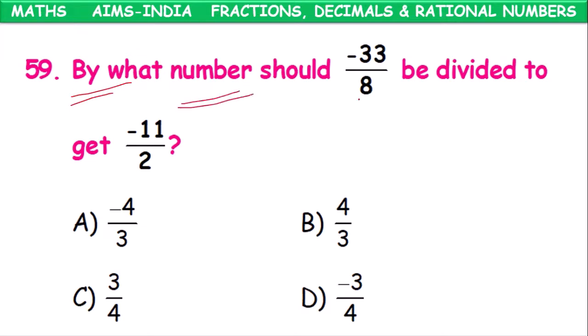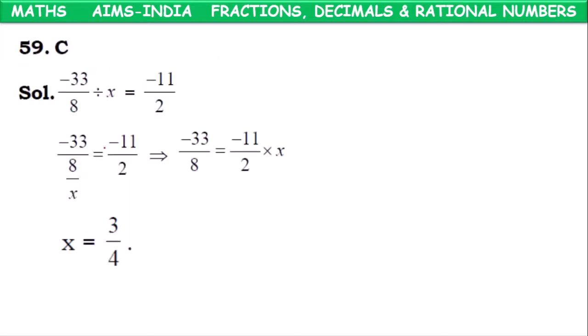By what number should minus 33/8 be divided to get minus 11/12? Let the number be x. Minus 33/8 divided by x equals minus 11/12. This x comes to the right hand side and becomes multiplied by x.